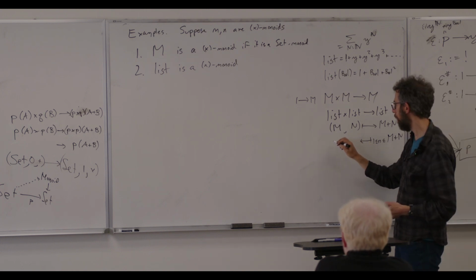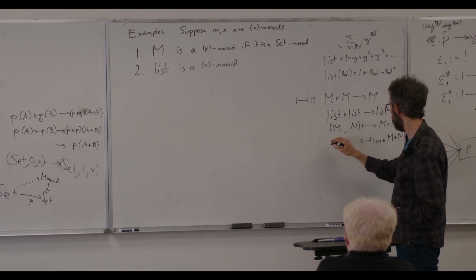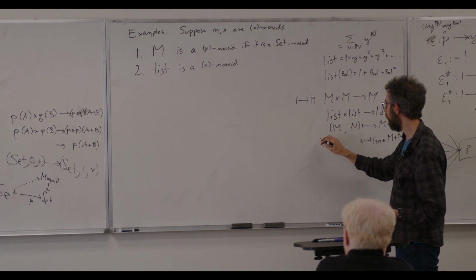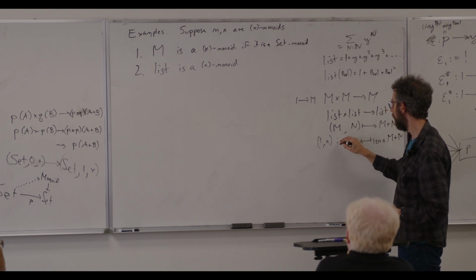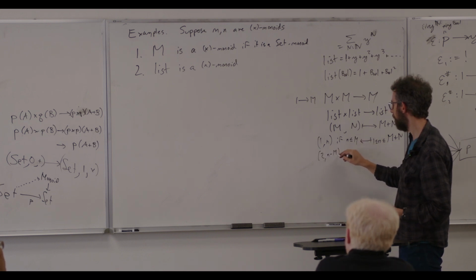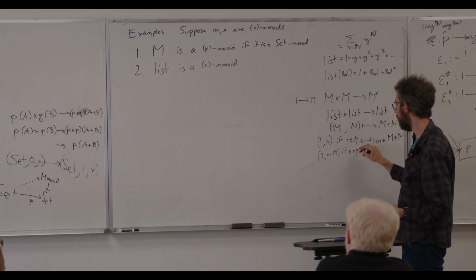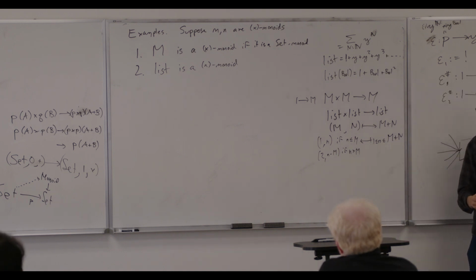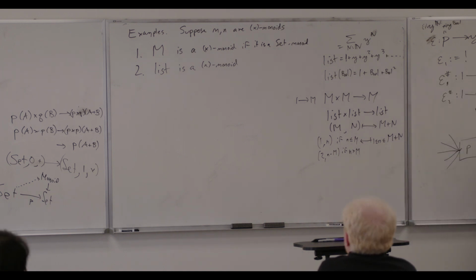So we'll give them back 1n if n is less than m, and 2n minus m if n is bigger than m. So the order matters. This is not a symmetric monoid. They're a commutative monoid.